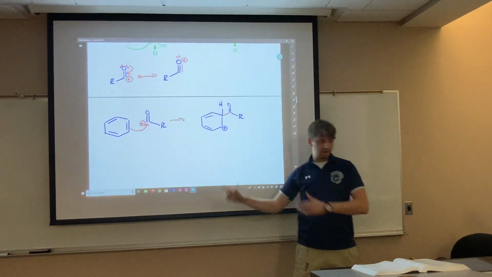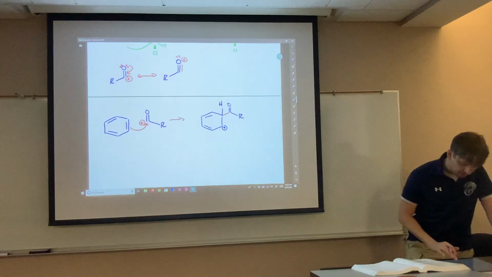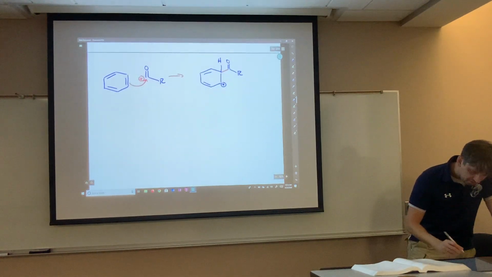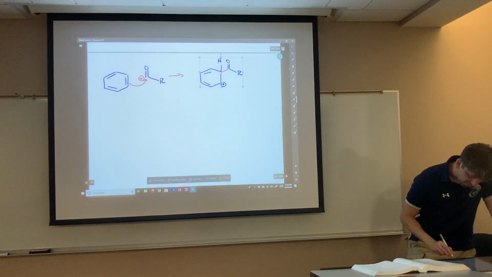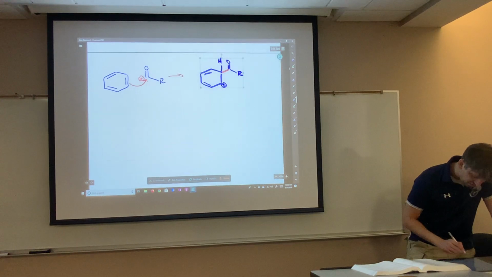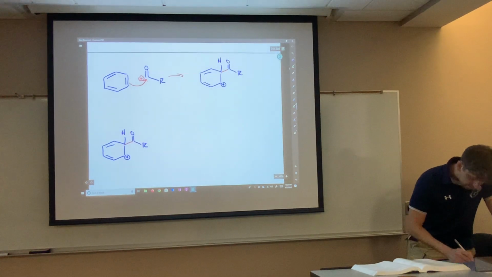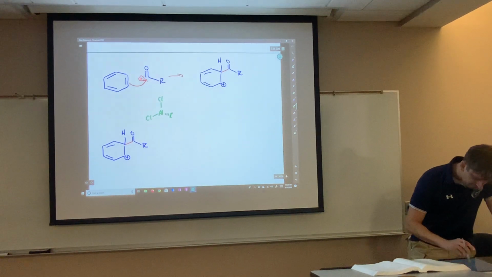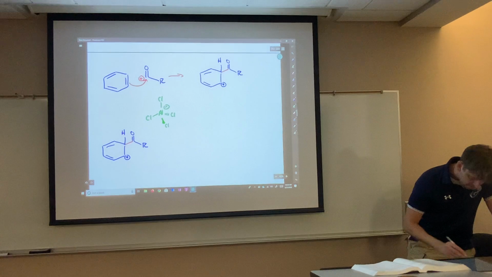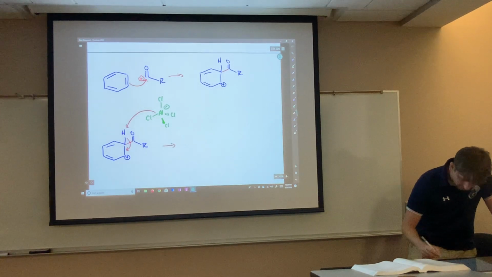Now we have to reform our aromatic ring. The same thing is going to happen, just like we saw before, with the chlorine complex, the Cl, Al, Cl, Cl. Boom and boom.